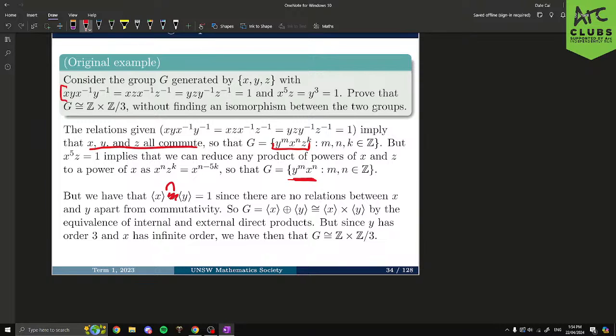So the intersection between the groups generated by x and y is 1. And since there's nothing relating x and y apart from commuting, G can be written as the direct product of x and y. Since y has order 3 and x has infinite order, I get the product of these two groups.